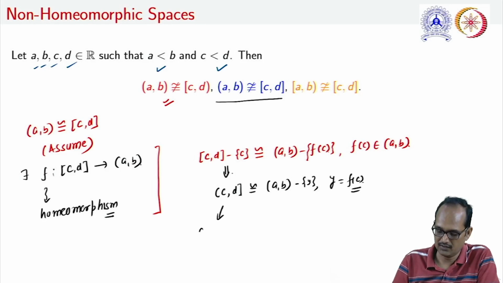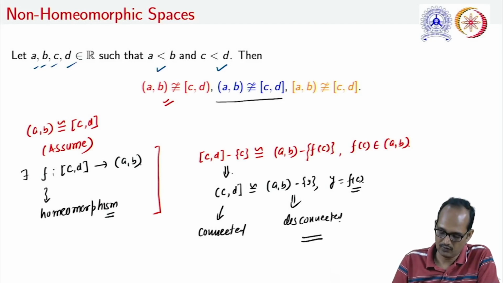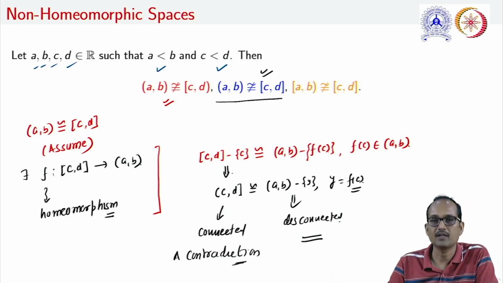Again, note that this is connected, and what about this? This is disconnected. Why? Because this is not an interval. Therefore, we reach a contradiction again. Thus, this open interval (a, b) cannot be homeomorphic to the closed interval [c, d].